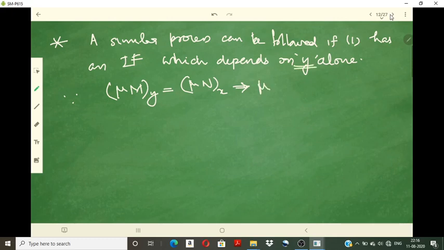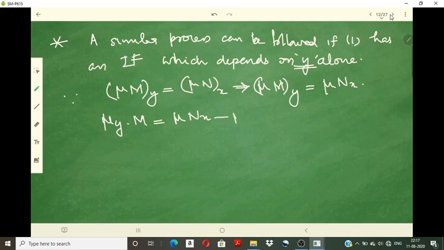So we can rewrite the right side of the equation as μ into N_x. So μ_y into M is equal to μN_x minus μM_y, or we can write it as μ_y is equal to μ into (M_y minus N_x) by minus M.